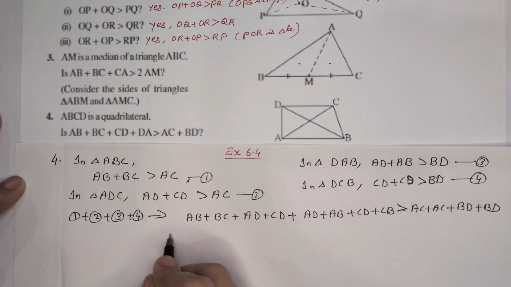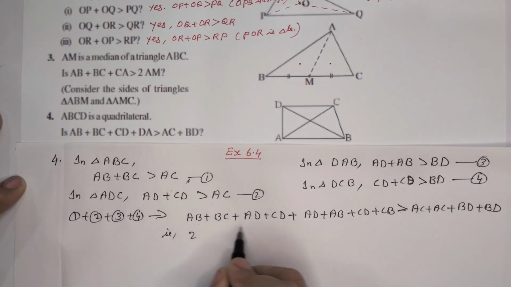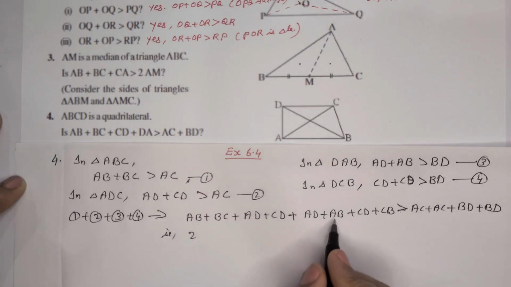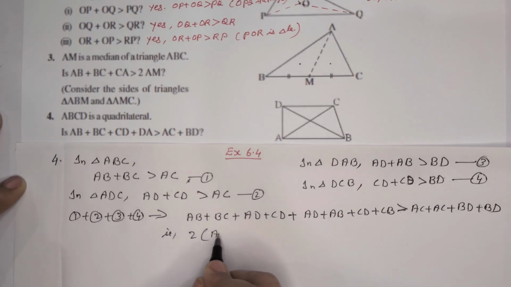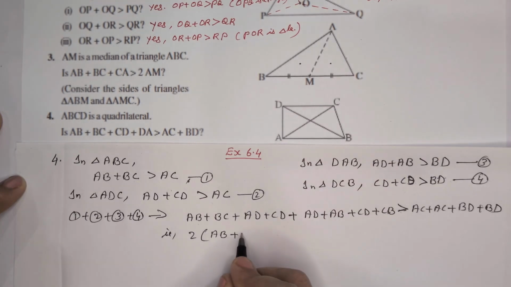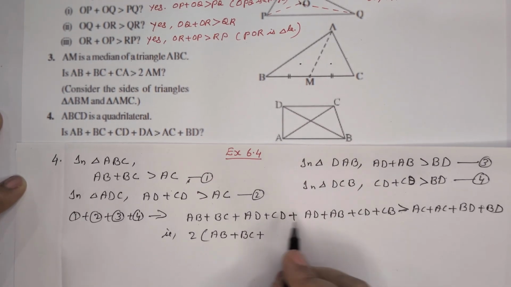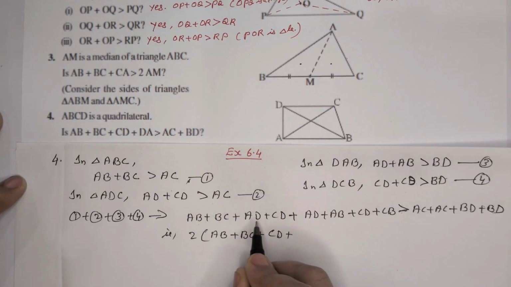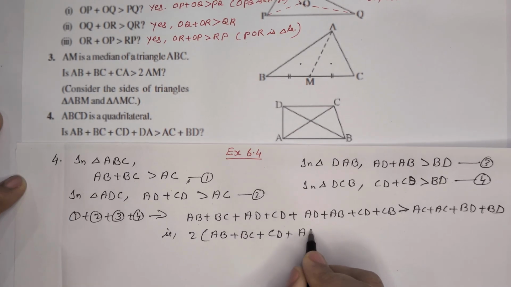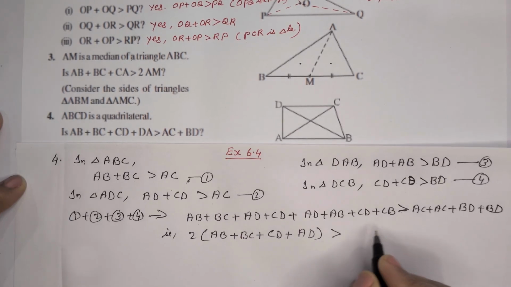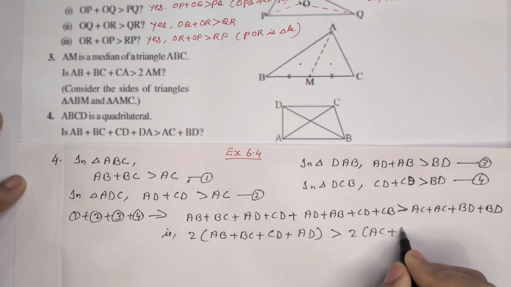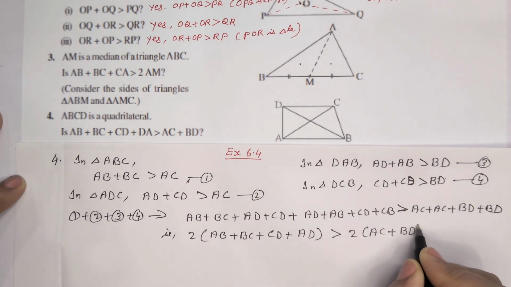So we can see here 2 times each side is coming. AB is 2 times, BC is 2 times, CD is 2 times, AD is 2 times, which is greater than 2 times AC plus BD.